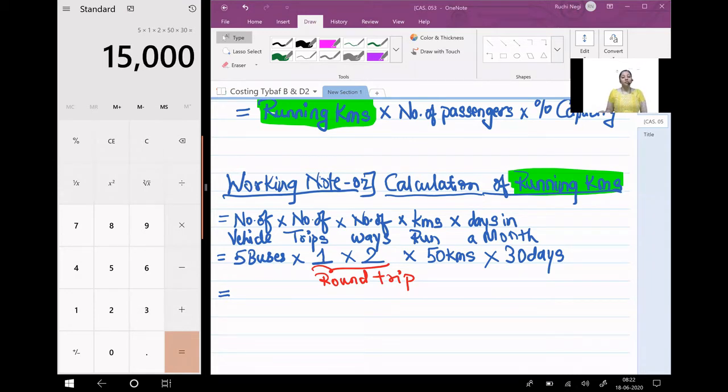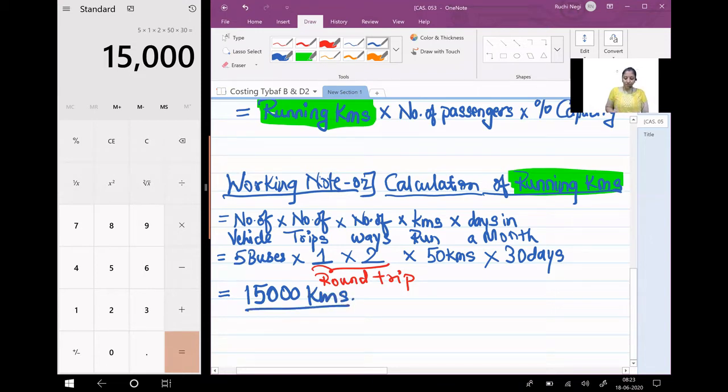My answer is 15,000 running kilometers. So write it here: 15,000 kilometers. This is my answer. Am I clear to everyone about this?